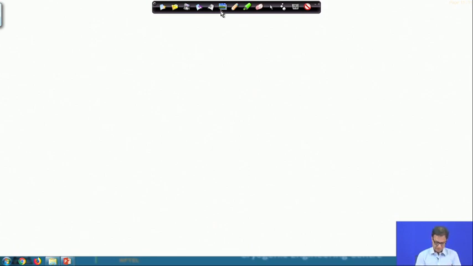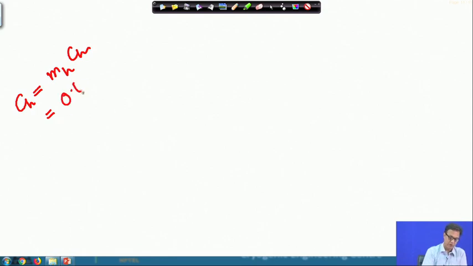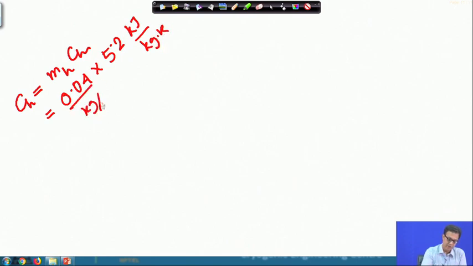So, here we find that this regenerator is made of Cp is already given. First of all we will find out the Ch, that is equals to Mh dot Ch, and that comes out to be 0.04 is the mass flow, and then we have the corresponding 5.2 the specific heat, that is this many kilojoule per kg Kelvin, and we have this is kg per second.